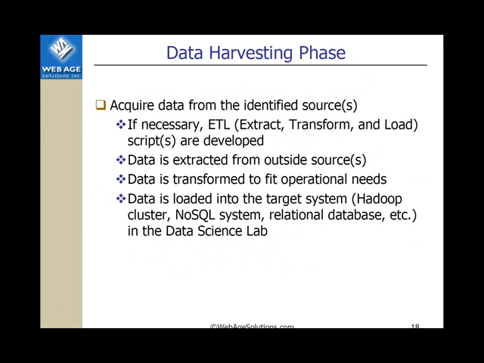RDBMSs are great because they already give you the storage and the processing engine. SQL is something that is ubiquitous. We have experience. SQL is so natural if you spend some time working with it. But it's kind of limited in what you can achieve.